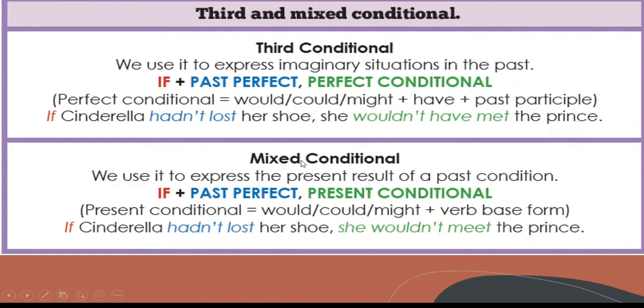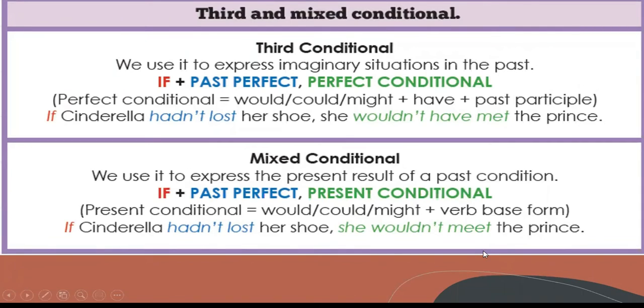And then we have the mixed conditional, okay? Mixed conditional, we use it to express the present result, the result that is today of a past condition. And we have the example. If Cinderella hadn't lost her shoe, she wouldn't meet the prince, okay?